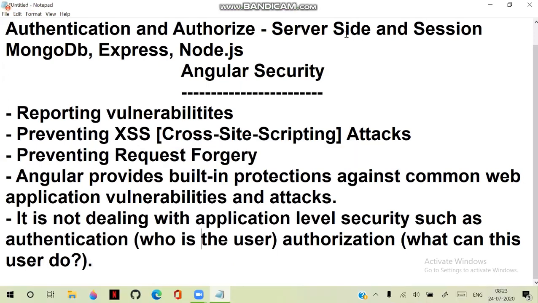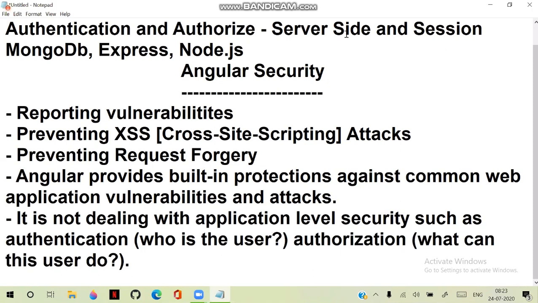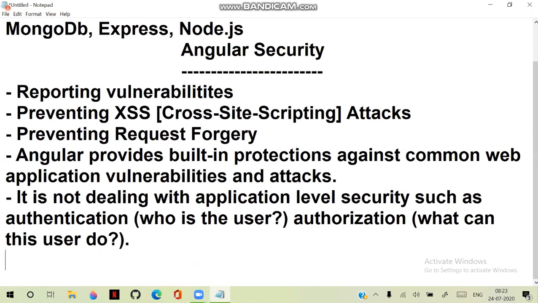You need to be clear in understanding the concept, because many people ask, will you teach security in Angular? Will you tell about security in Angular? And immediately they ask how to create a login page and a registration page. Registration page is not security.